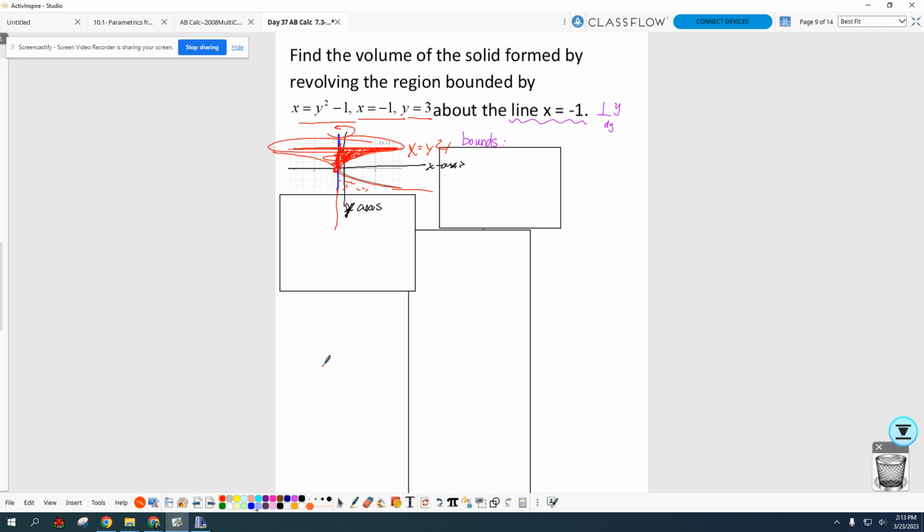Okay, guys, here's the trick to this one. Are the slices, the thicknesses that I need to integrate with respect to, dx slices or dy slices? dy slices. Every thickness here is dy, so I need my radius as x equals stuff in terms of y.